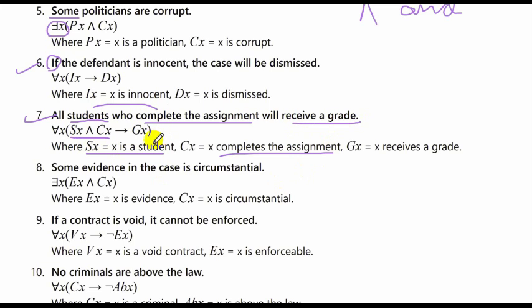This is one premise, all students, and the second premise, who complete the assignment. Both need to be true, and only then will they receive a grade. So that is why we use the and symbol. Only if this is true, this implies Gx, which means they'll receive the grade.